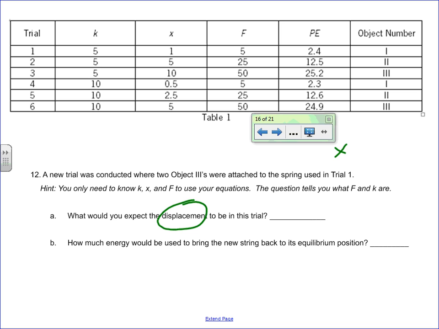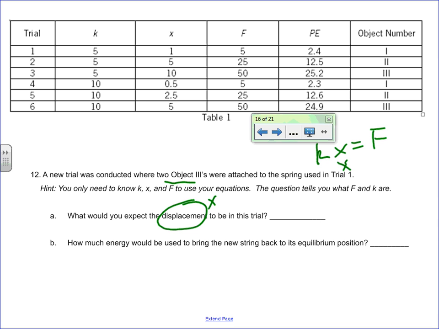All right. We know that our formula is Kx equals F. So if we're looking for X, the 2 things we then need to figure out are F and K. Which one do we want to do first? Yeah, what is F in this case? Okay, so object 3 is what's exerting the force.